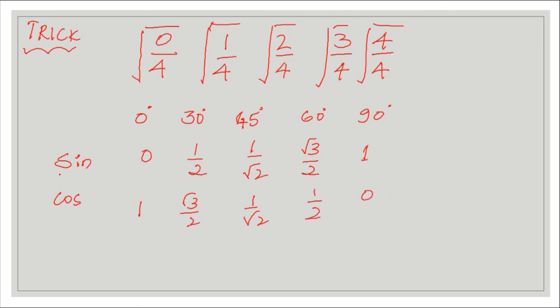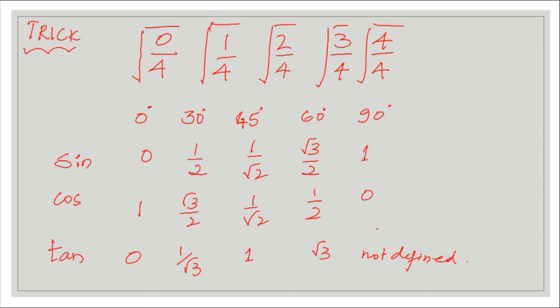Now once the sine and the cos are known, we can divide them to get tan of the angle. Tan 0 degree is 0 by 1, which is 0. 1 by 2 divided by root 3 by 2 is 1 upon root 3. This will be 1. This becomes root 3. This is not defined.